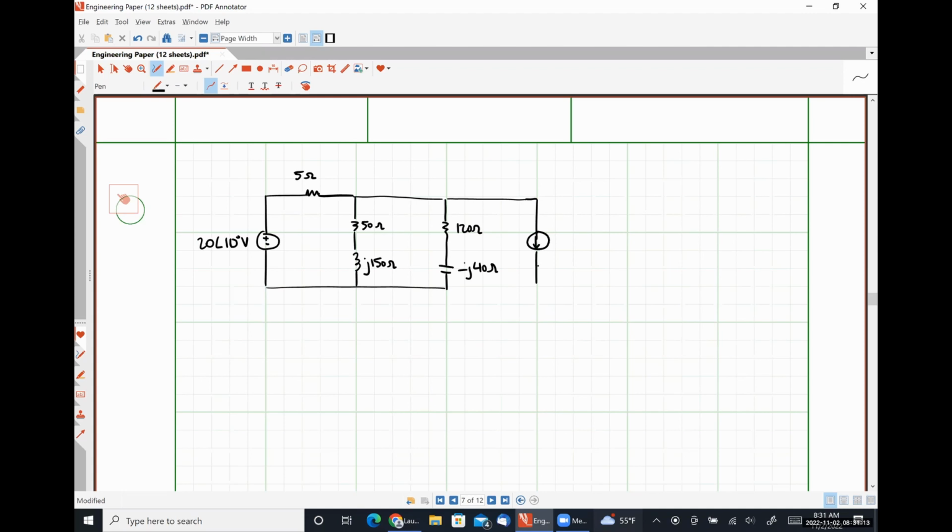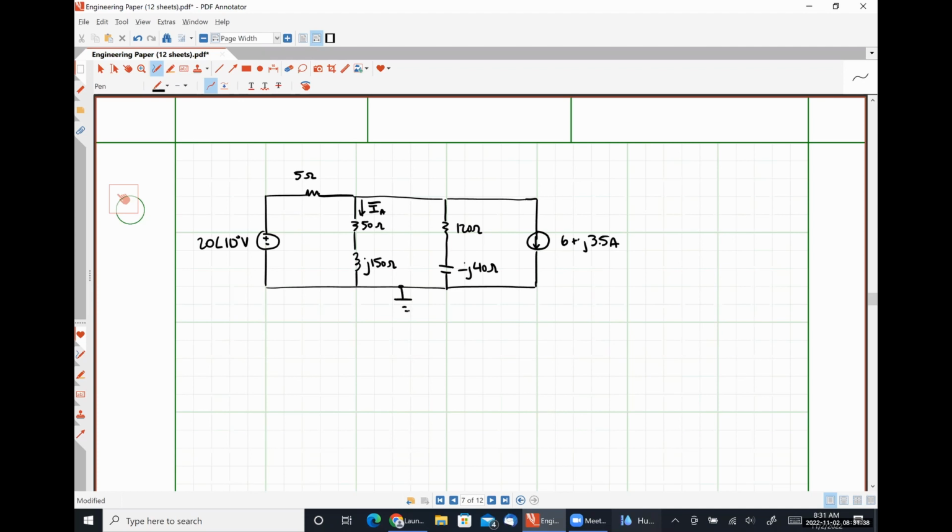Here we have a current source, 6 plus j3.5 amps. And we are interested in determining this phasor current, IA.